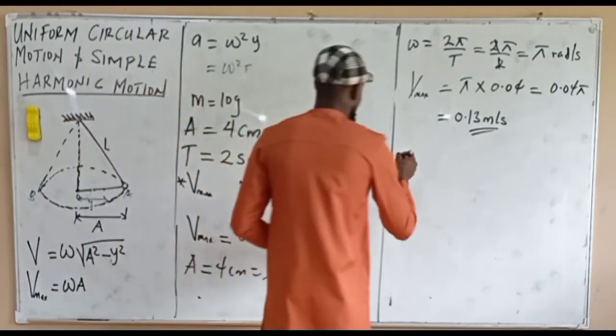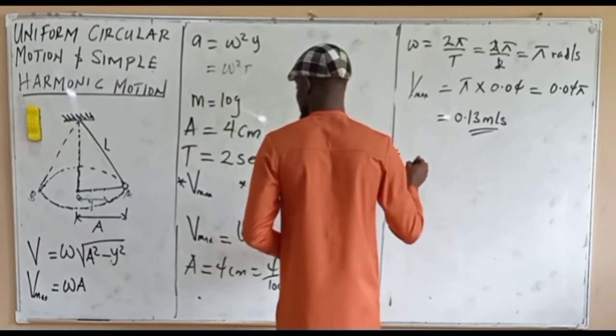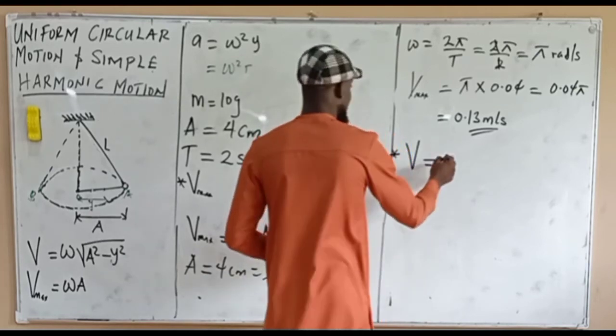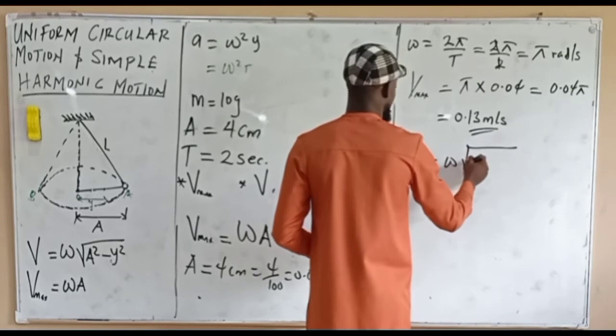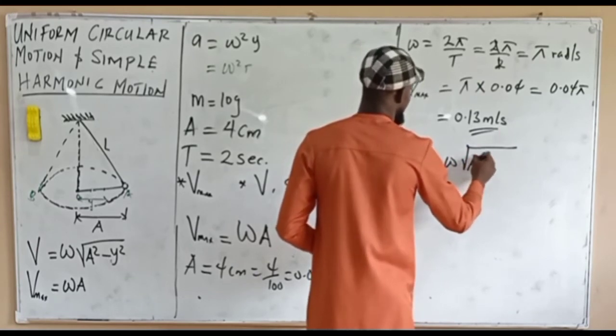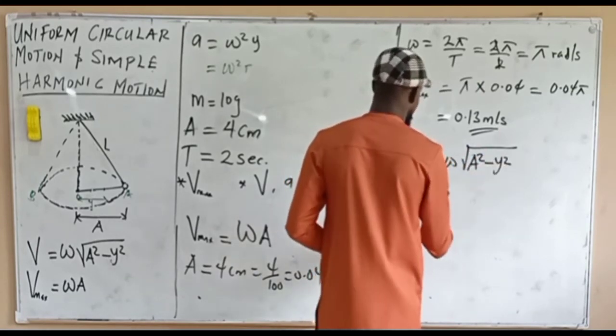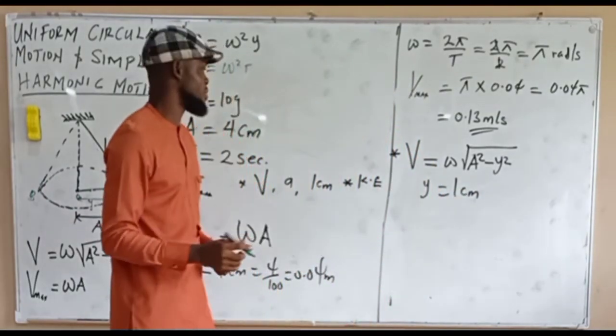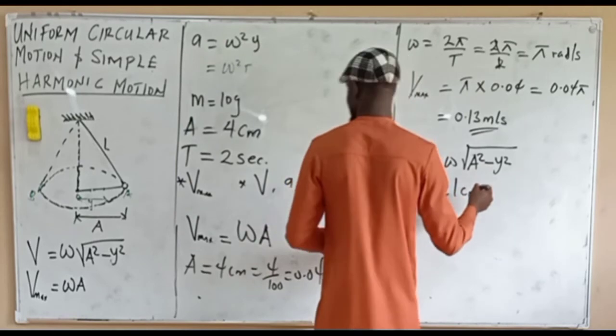Then approximately. Then for the next question, what will be the velocity at the distance of 1 cm from the center? That will be w times the square root of a squared minus y squared, when y is 1 cm from the center.